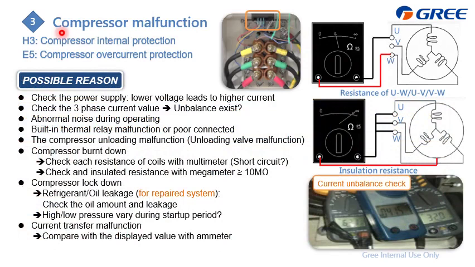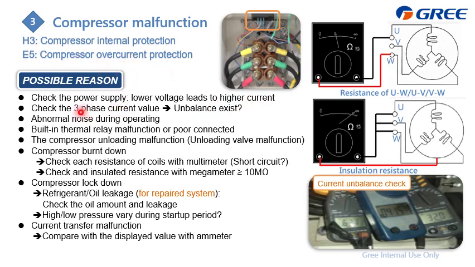Next, we will go to the compressor malfunction, including H3 compressor internal protection and E5 compressor overcurrent protection. And here are the possible reasons. When you encounter a compressor malfunction, first you need to check the power supply. We are afraid that maybe the voltage is too low, which leads to higher current, and higher current indicates the E5 overcurrent.